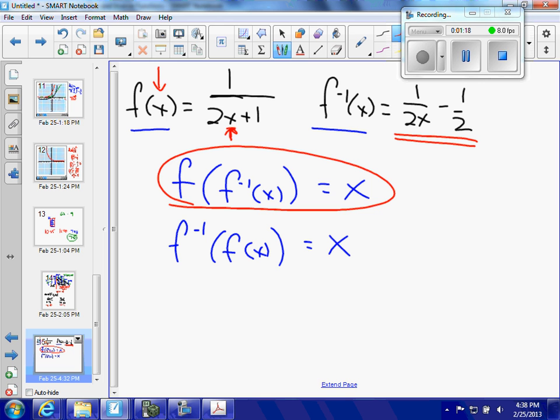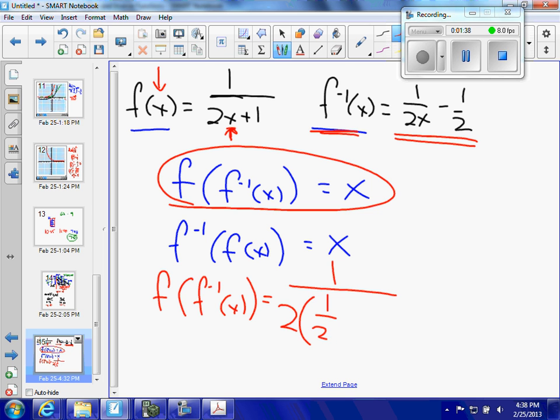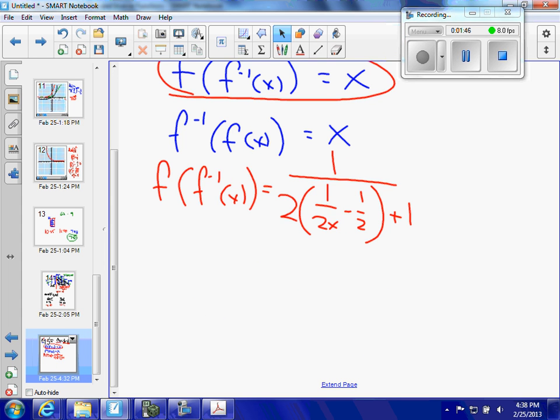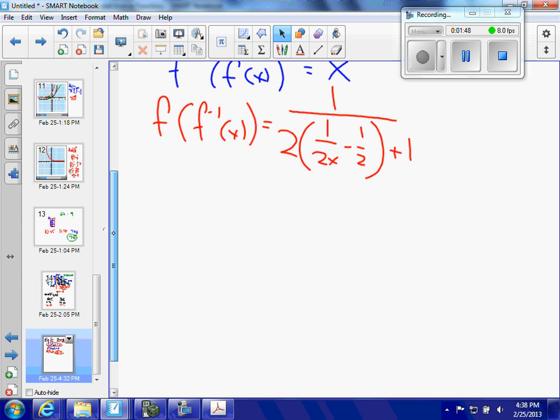So I would write f of f minus 1 of x is equal to 1 over 2 times f minus 1 of x, which is 1 over 2x minus 1/2, plus 1. And I'm going to evaluate this expression now and see if that is in fact equal to x.